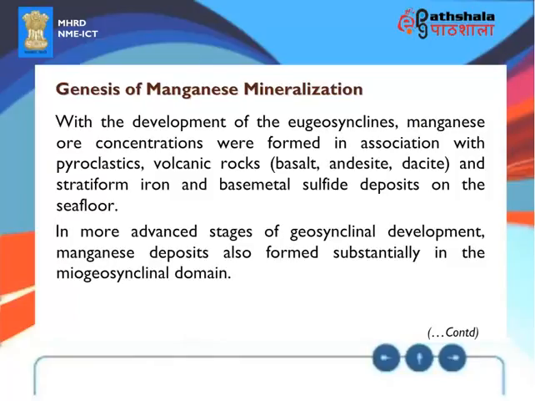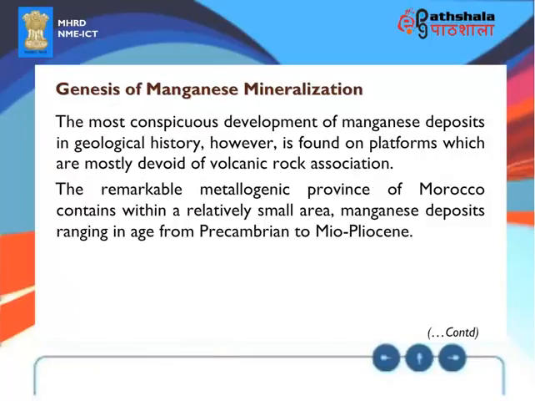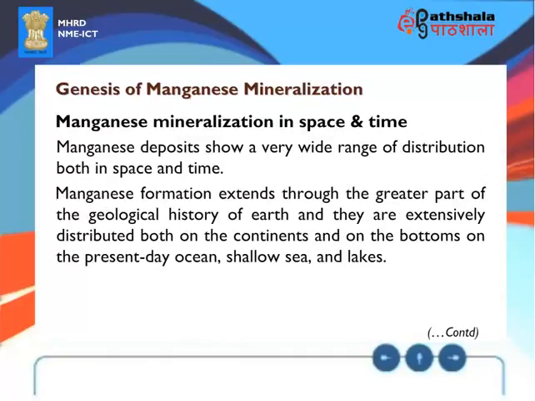In more advanced stages of geosynclinal development, manganese deposits also formed substantially in the myo-geosynclinal domain. The most conspicuous development of manganese deposits in geological history, however, is found on platforms which are mostly devoid of volcanic rock association. The remarkable metallogenic province of Morocco contains, within a relatively small area, manganese deposits ranging in age from Precambrian to Myo-Pliocene.